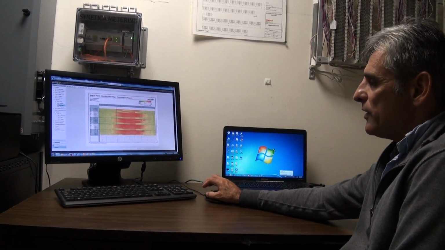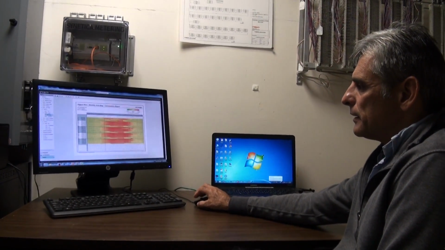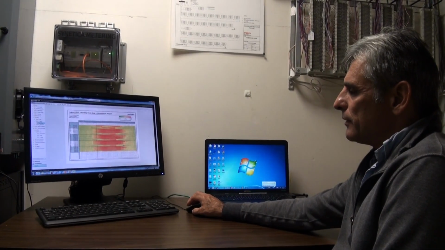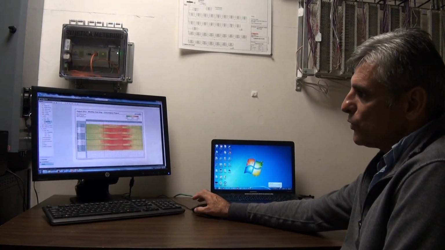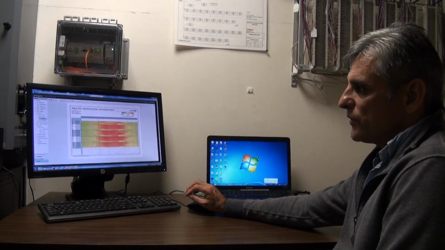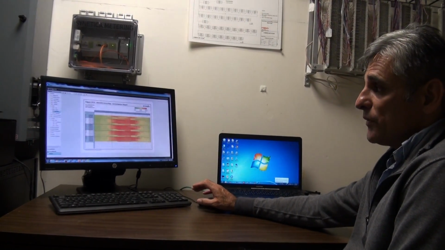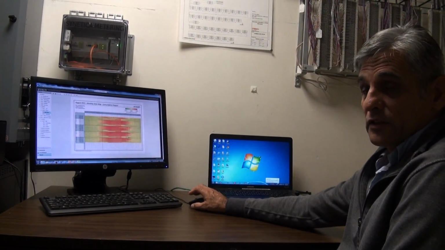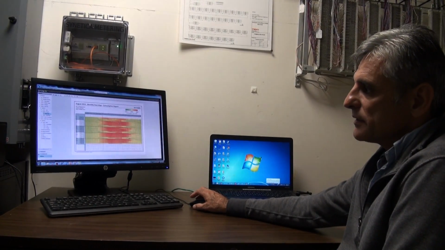So we've got a very, very good mapping of the building load in various forms. So we've got heat maps, bar chart comparisons, carbon emissions, kilowatt hours, and the actual cost, how much this building is costing to run.